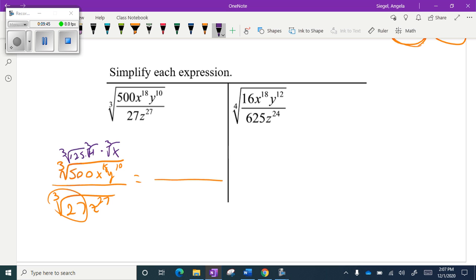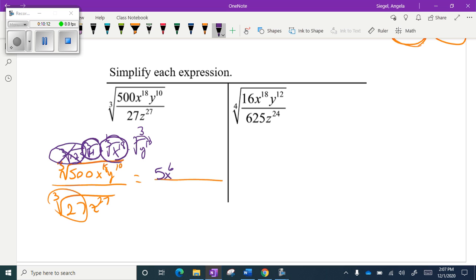Let's do as we did before. Okay, so the cube root of 125, that is 5. I can't take that one. So this one, 18 divided by 3, that's x to the 6th power. So that comes out evenly. 3 goes into 10 3 times.